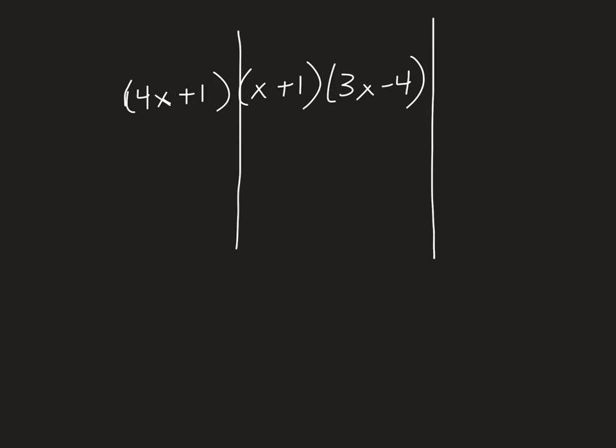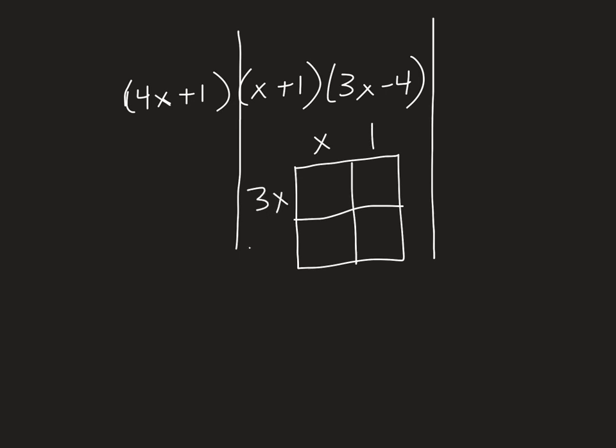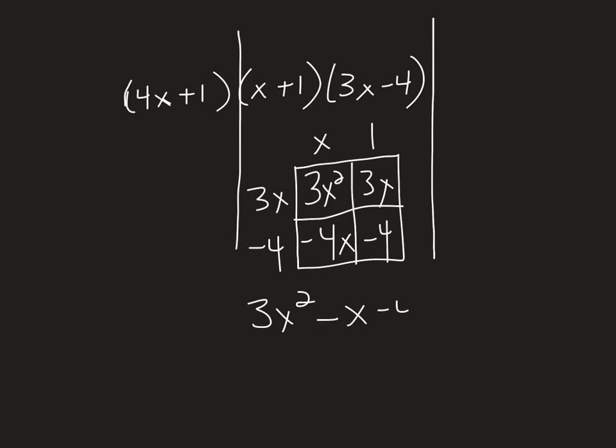So here, again, box method, 2 by 2 box, because each thing has two terms. Okay, so we get 3x squared, we get a 3x, we get a negative 4x, and we get a negative 4. So this is really 3x squared. Then we combine our linear terms together to get a negative x. And the negative 4 hangs out there because it has no other like terms.